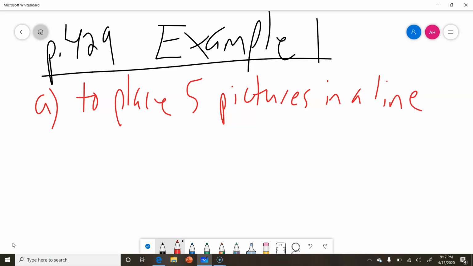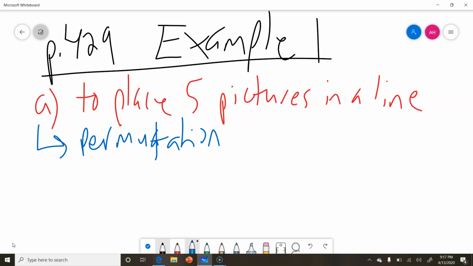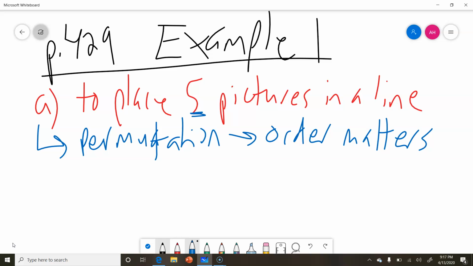The reason that this is a permutation is because the order matters. And you may say, why does the order matter? Well, if they're 5 in a line, if you use the first one, you can't use that last. If you use the second, you can't use that for the other 3, right? So it matters in the order.